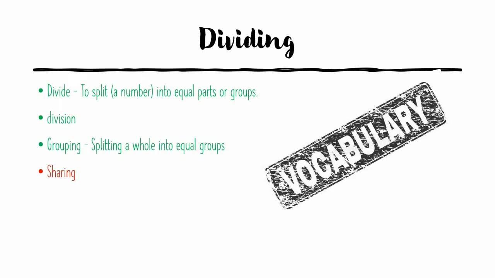Division means the same as divide. Grouping. Grouping is a way that we divide, and it's by splitting a whole into equal parts or groups. So it's exactly the same as divide, but it's a way of doing it. So ready? Grouping. Sharing.